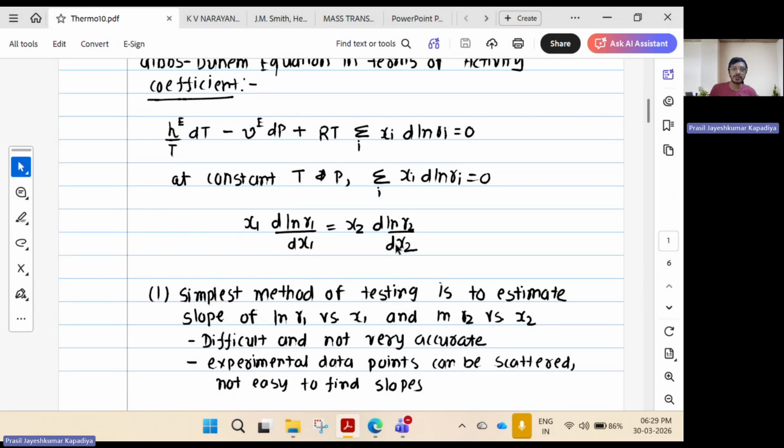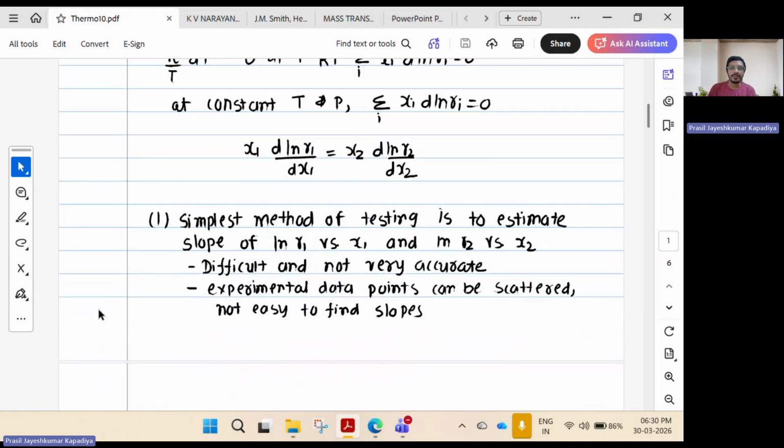So we know that the slopes of ln gamma 1 versus x1 and ln gamma 2 versus x1 should be of opposite signs. And if one has a minimum, the other should have a maximum at the same point. Both cannot have the same slope; the slopes should be opposite. So that is what is required.